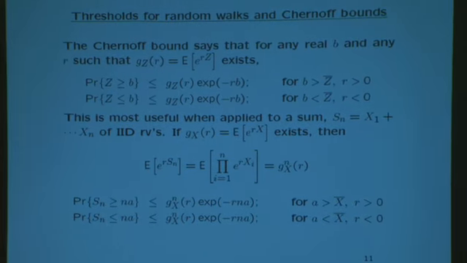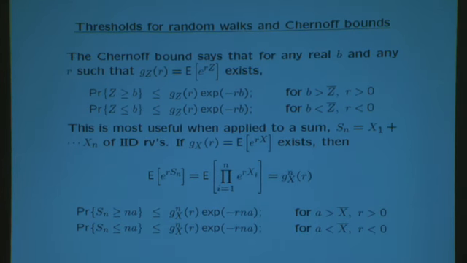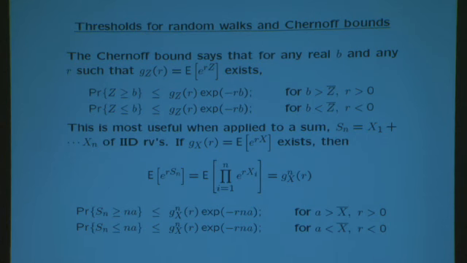Okay, so what the Chernoff bound says is that the probability that a random variable z is greater than or equal to some constant b, we don't even need sums of random variables here, it's just a bound on the tail of a distribution, is less than or equal to the moment generating function of that random variable, g sub z of r, which is the expected value of e to the rz, times e to the minus rb.